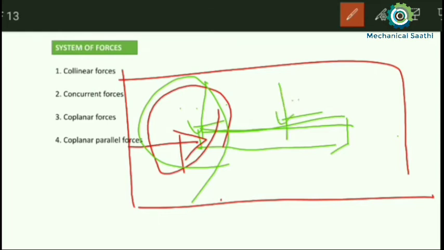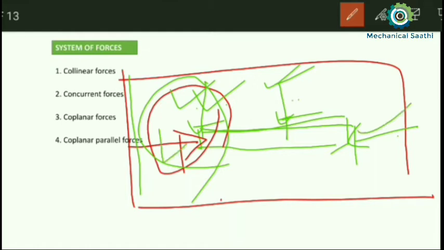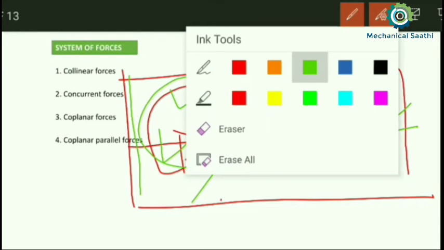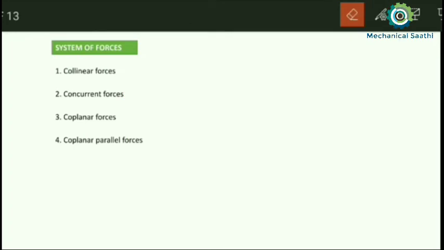These two forces, this one and this one, are lying in a single plane. Another thing, they are also parallel to each other. Likewise, if we draw another force acting here, this force and this force are also coplanar and parallel forces. In the case of beams we get such a condition, coplanar and parallel.